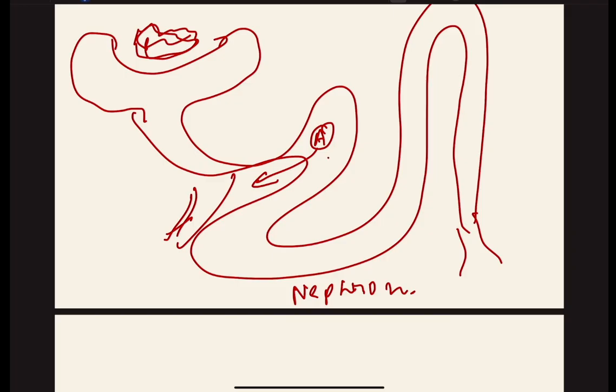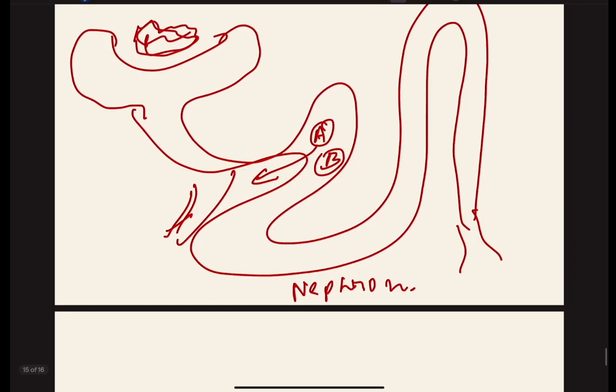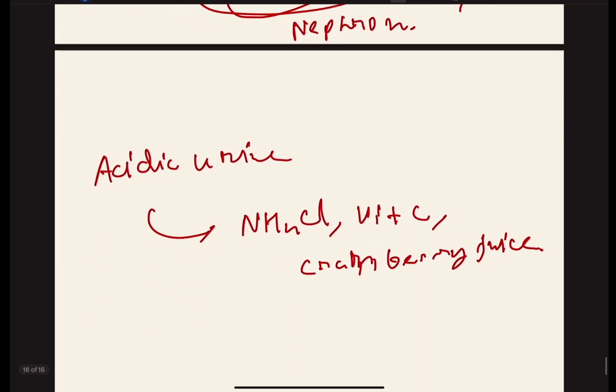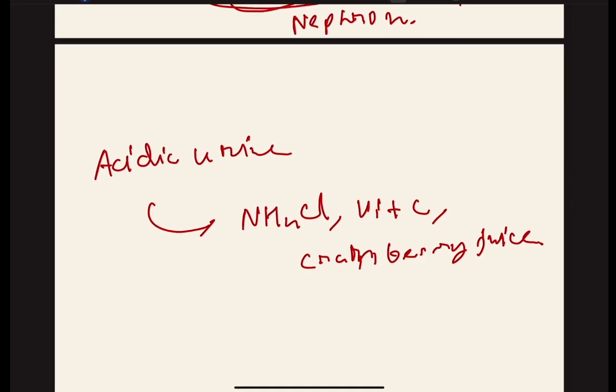But if you give the person a basic drug, in the acidic urine the basic drug will be more in ionized form, and it can't be reabsorbed into the circulation, and it will be readily excreted. So if we make the urine acidic, the excretion of the basic drug will increase.